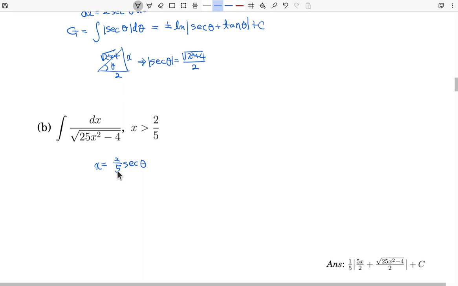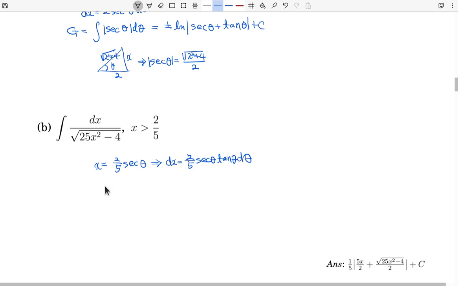Now the square will make it 25 and the top will make it 4, so they cancel with 25 and 4. So the inside of the radical is always non-negative. That is the substitution. Then dx is the same as 2 over 5 sec theta tangent theta d theta, right?